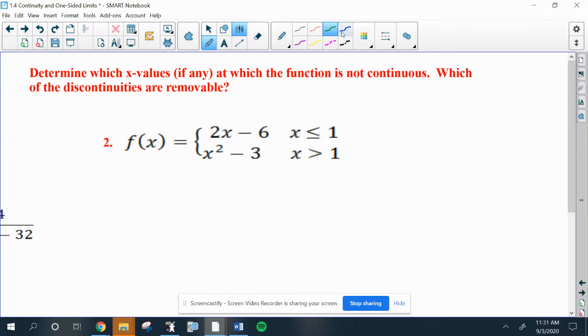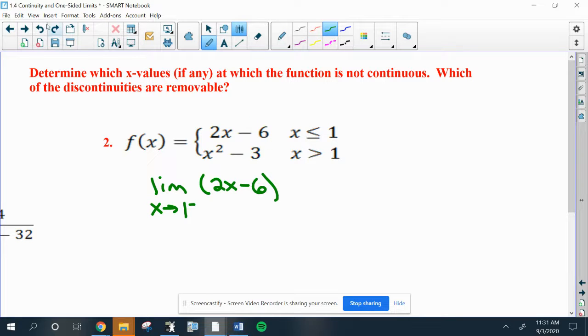So here we go. This function, if you take the limit as x approaches 1 from the left, since you're on the left side of 1, we need to use this part of the function.